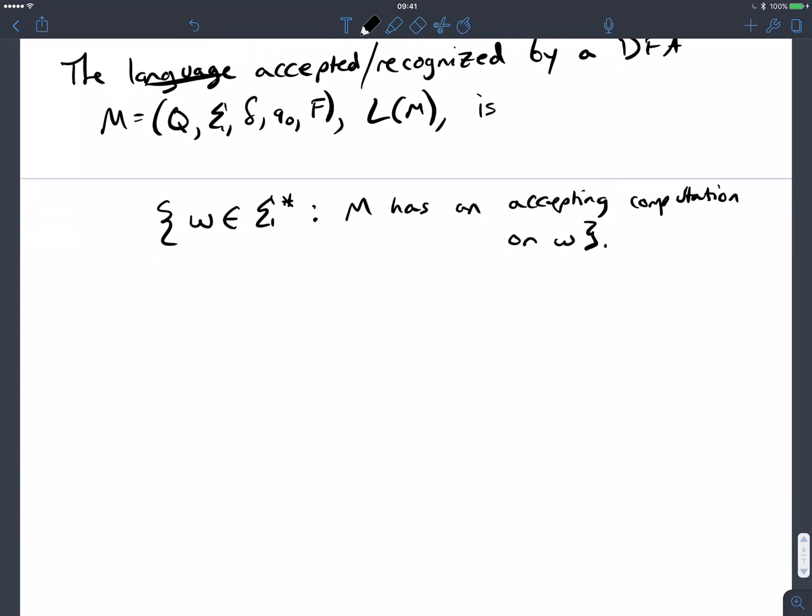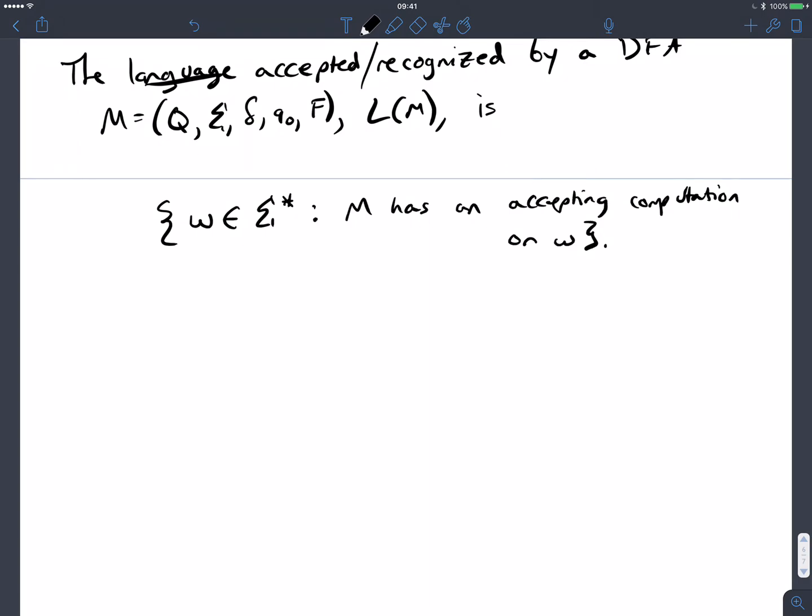Yeah, you have a question? Does the phrase the language accepted and recognized mean more? I was going to ask that. Great question. How many computations can a DFA have on an input? One. Could it have two? No, because it's deterministic. Can it have zero? No, because even the empty string always starts in the start state.